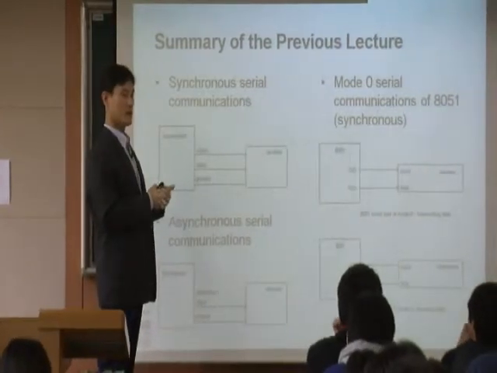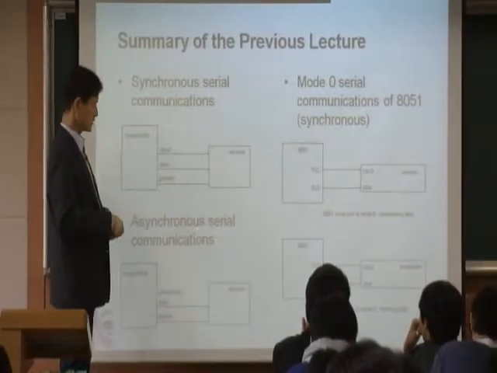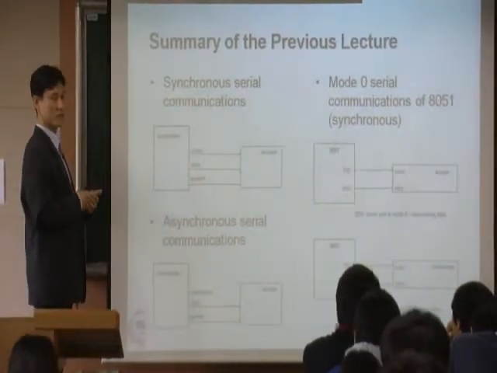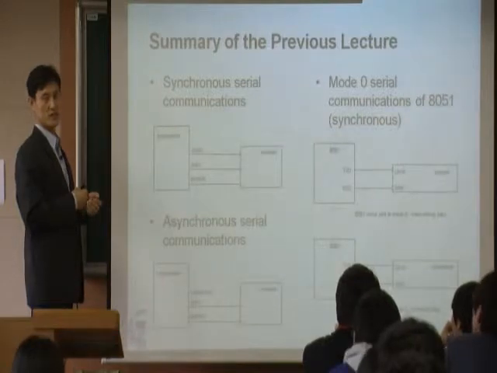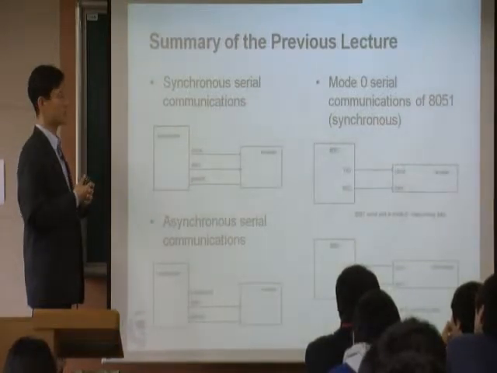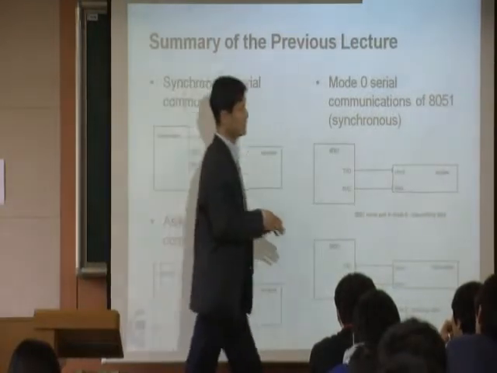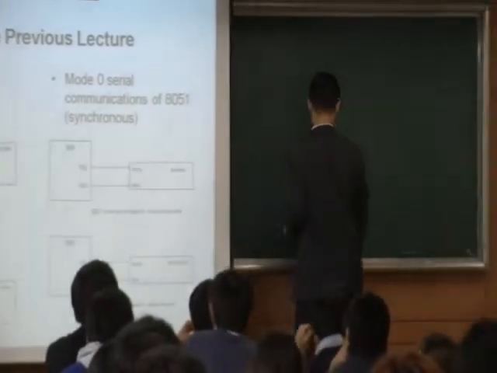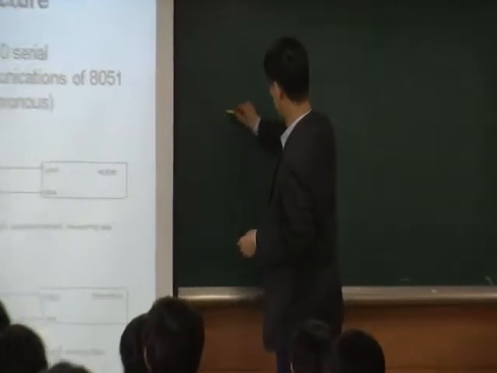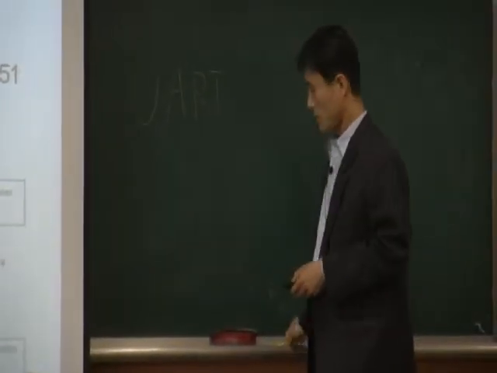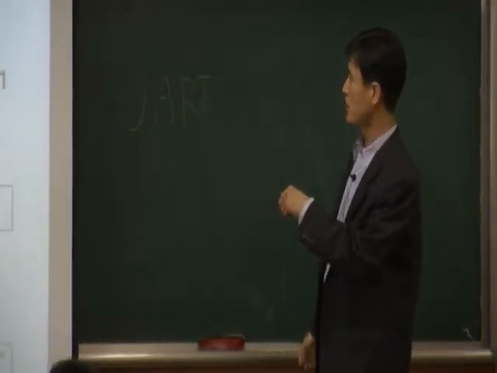What we are using typically in 8051 is going to be asynchronous communications. And in fact, this kind of serial communications exists in every single microprocessor. If you use the ARM processor, AVR, or any other processor, you may hear about the UART. People call this serial communication a UART.